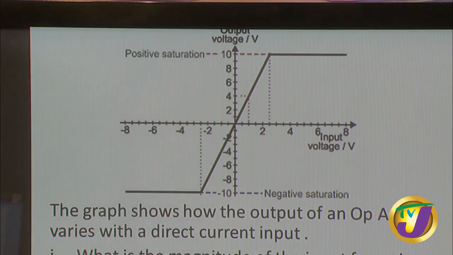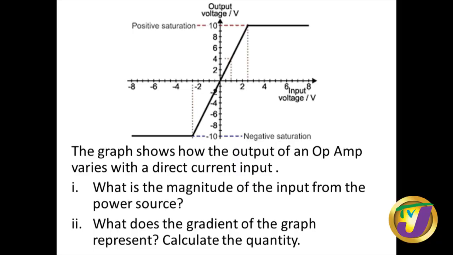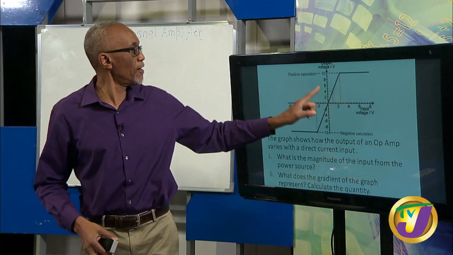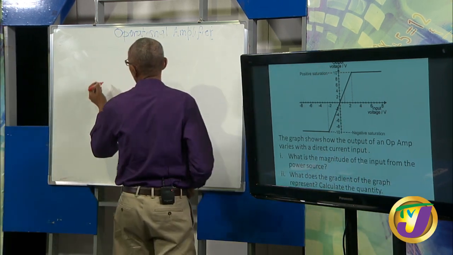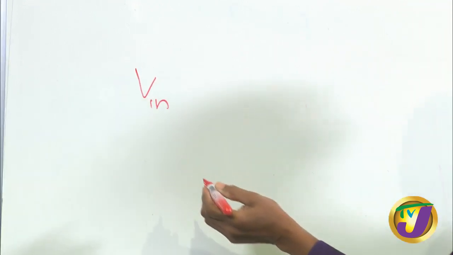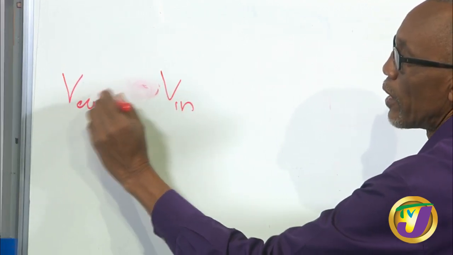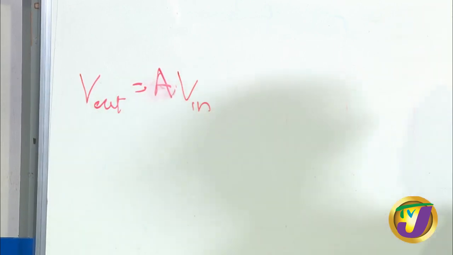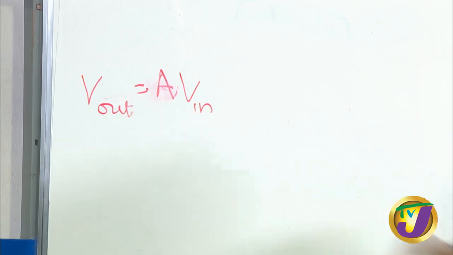It then asks: what does the gradient of the graph represent? Let's call the input voltage V in and the output voltage V out. We know that V out is equal to the gain times V in.